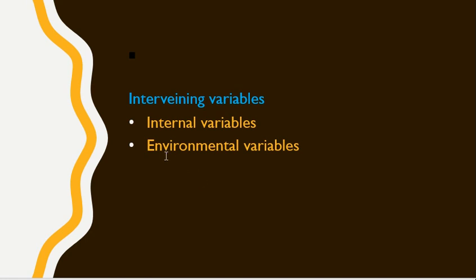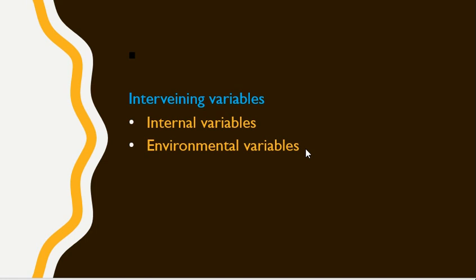So, the second intervening variable is the environmental variable. What are environmental variables? Environmental variables are the environmental factors such as the temperature of the lab, the light in the lab, brightness, noise, the seating arrangement, and so on. These are the environmental variables which affect the performance of an individual in the controlled lab condition.